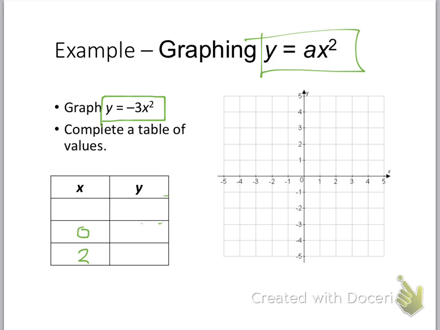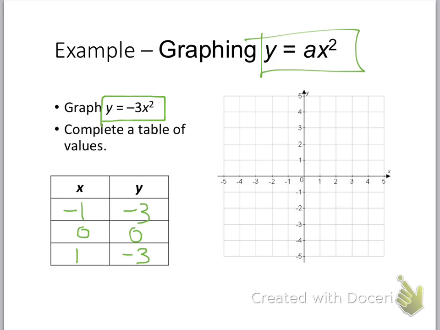Again, that seems like it's too big for me. So let's try negative 1. Negative 1 squared is 1, times negative 3 is negative 3. 0 squared is 0, times negative 3 is 0. 1 squared is 1, times negative 3 is negative 3. So let's graph those points.